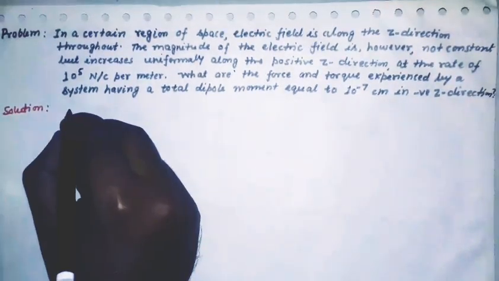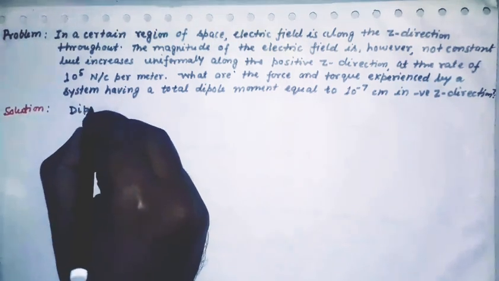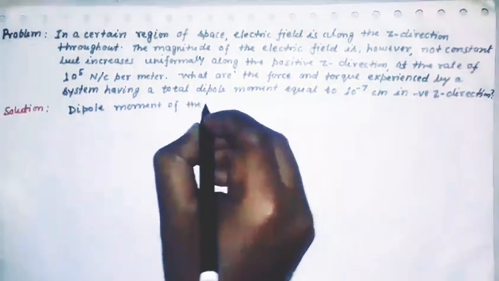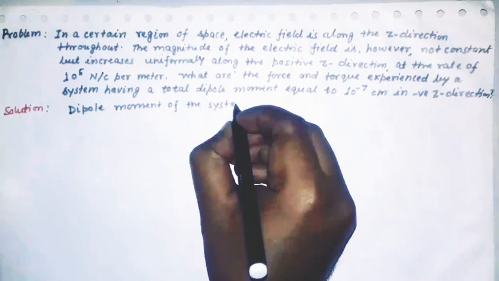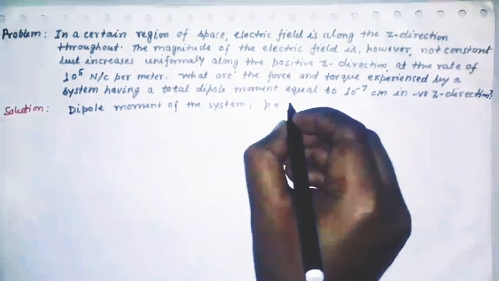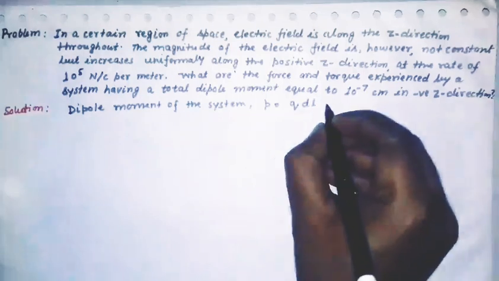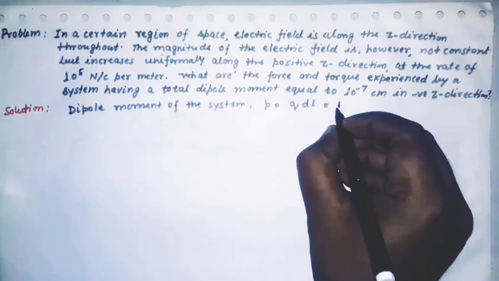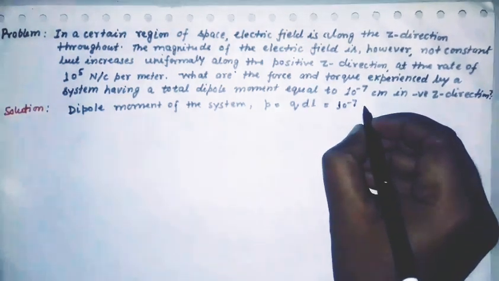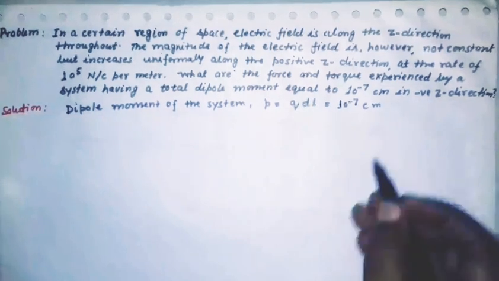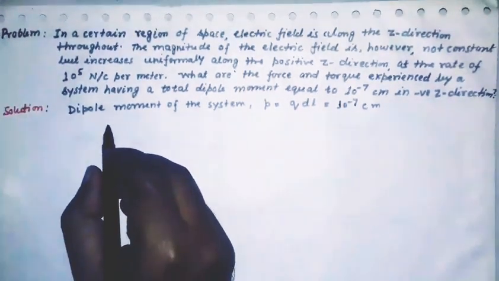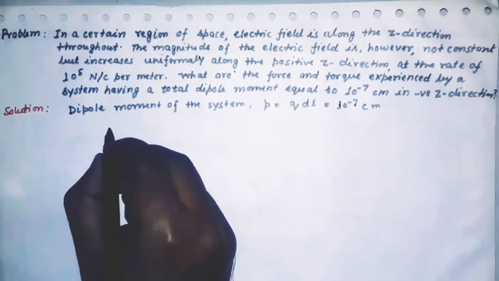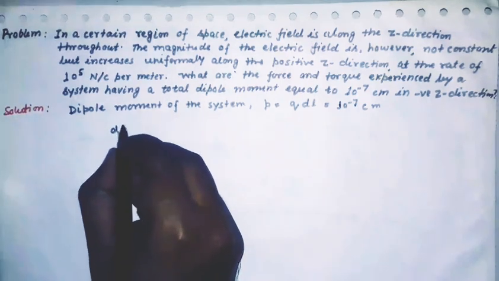So first of all, we will note down what is given. The dipole moment of the system, denoted by a small p, is equal to Q dL, equal to 10 to the power minus 7 coulomb meter, and the rate of increase of electric field per unit length is given, that is dE by dL.